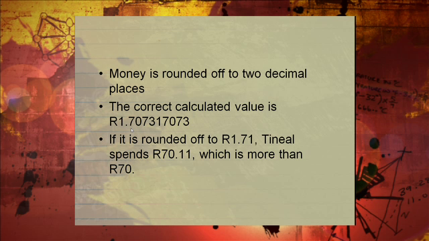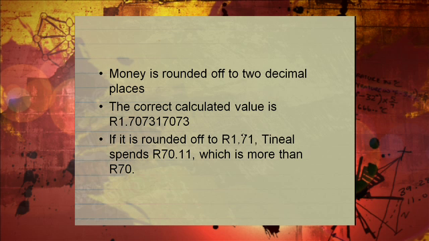Look, from this one, we forget about the context. We round off using knowledge of mathematics. Yes, mathematics will say, okay, money is rounded off to 2 decimal places. You take this, 7 is more than 5, you add 1 to 0, you get 71, meaning 1 rand 71.